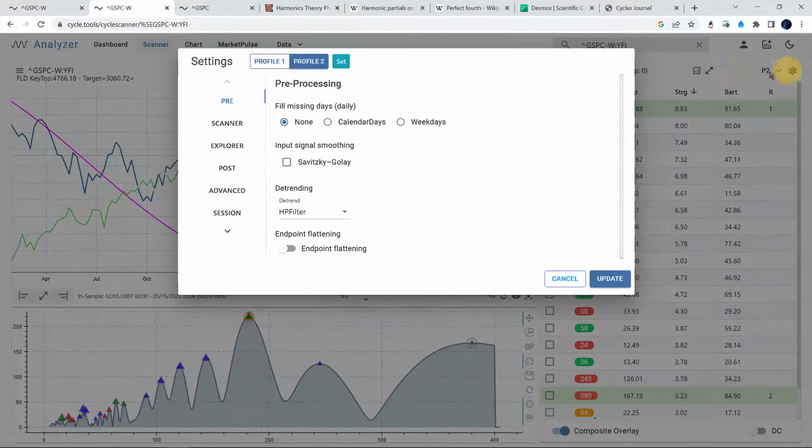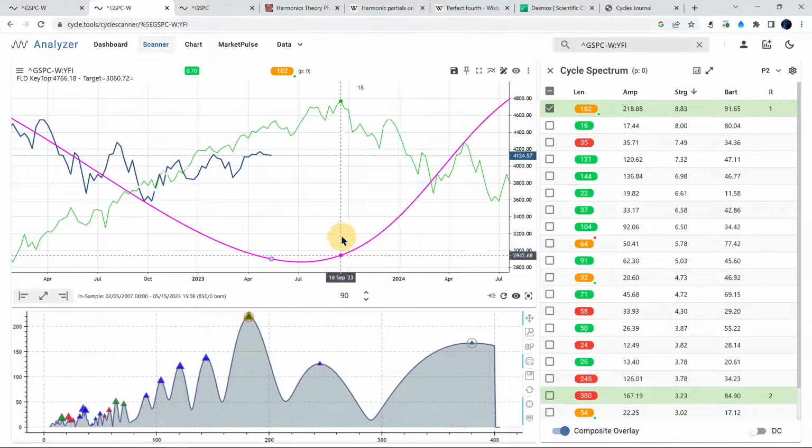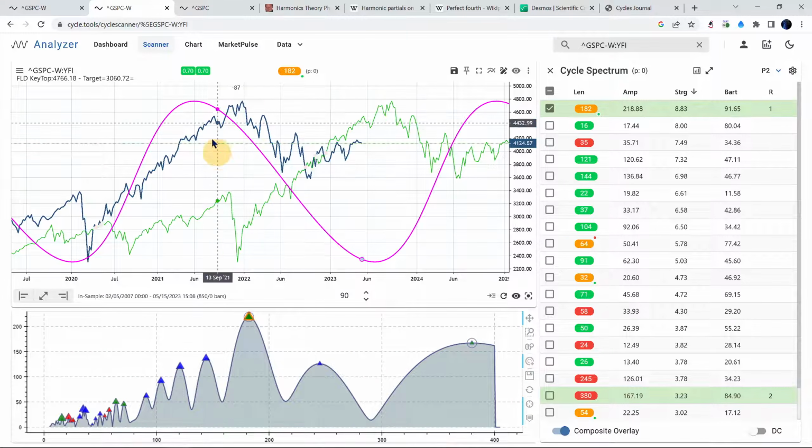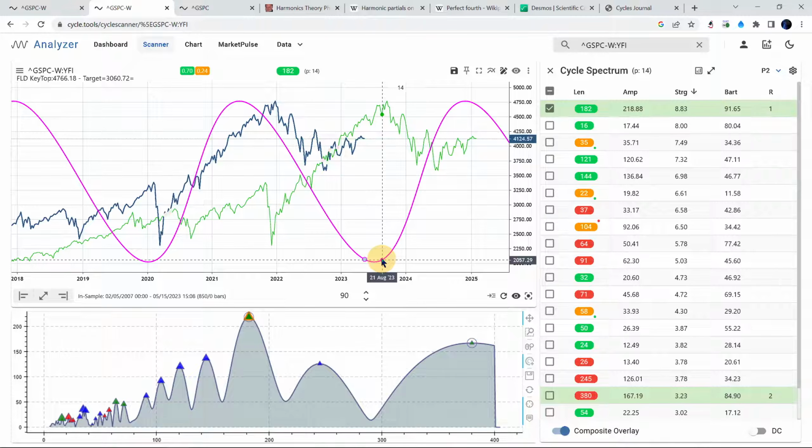In the configuration panel, we can go to advanced settings, activate the cycle skew, and we now need to shift it. I will not go into the mathematical details here, but we can shift it so that the possible low from this long-term cycle is shifted into the future, which will not alter the cycle length. That's the important point. We don't change the cycle length.